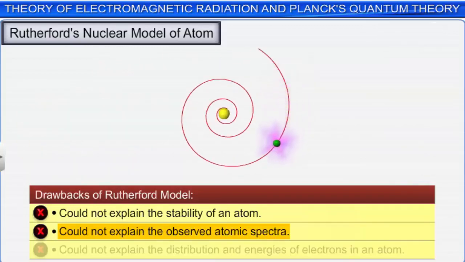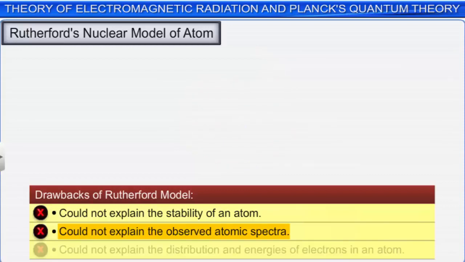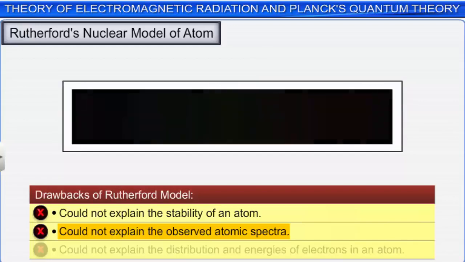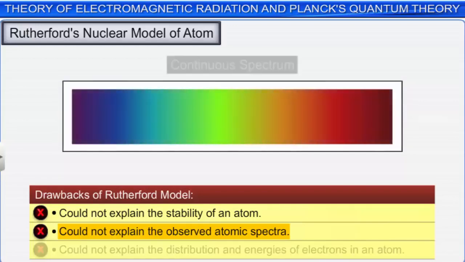This is because, according to the electromagnetic theory, an accelerated electron continuously emits energy and ultimately it falls into the nucleus along a spiral path. As the electron is emitting the energy continuously, the spectra of such an atom also should be continuous.